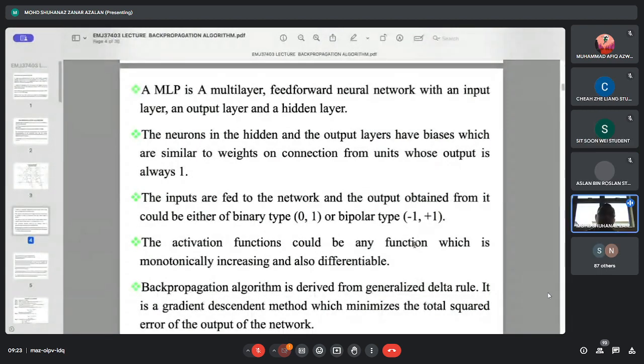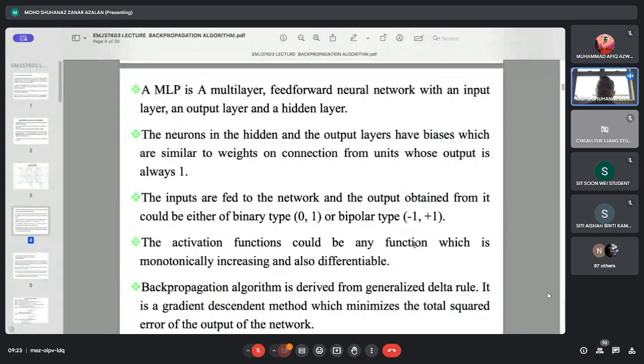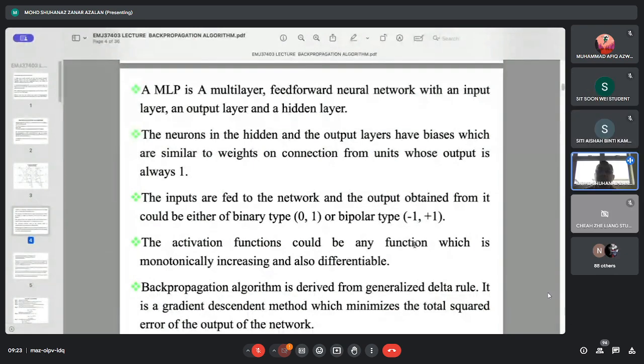So that means any data, whatever data you have, image data, brain signal, like in my research I am doing brain signal data, or voice data, whatever data we have, first the data is in the form of its range, but in order to train the data in this type of neural network, first we need to convert all this type of data into either binary type or bipolar type.